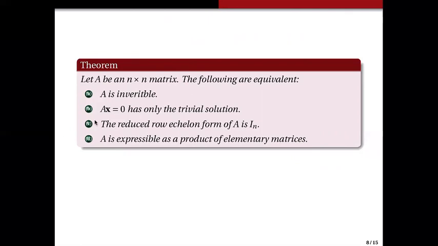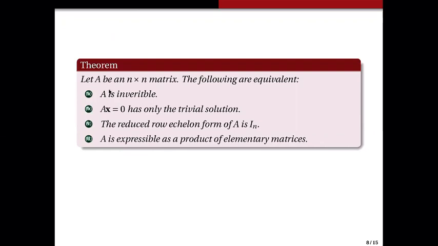So what does this mean? If A is true, then B is true, also C is true, and also D is true. If C is true, if you start with C, then A will be true, B will be true, D will be true. In short, they are all true or they are all false. If one of them is false, everyone will be false. If one of them is true, everyone will be true. Okay?